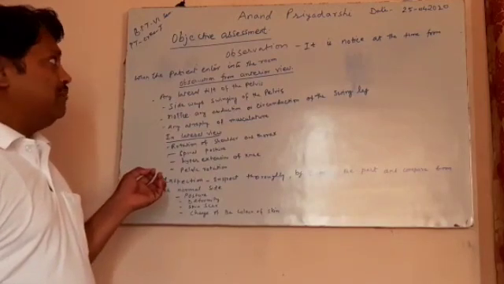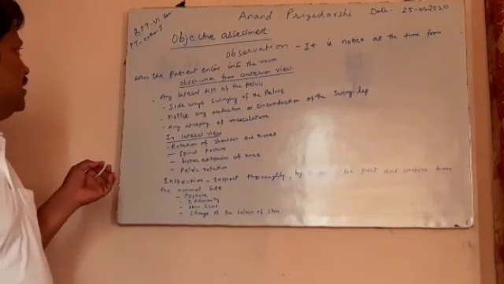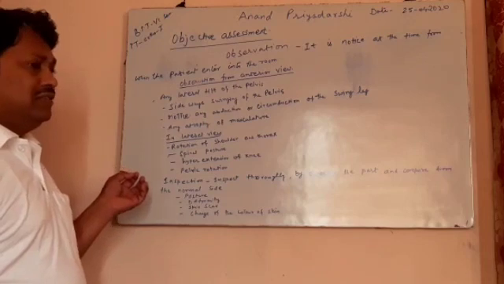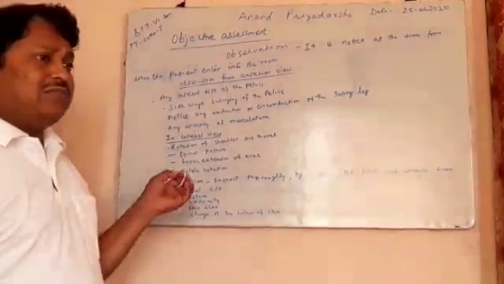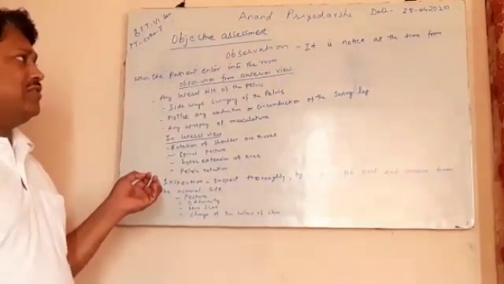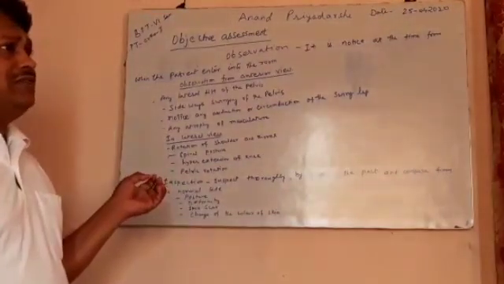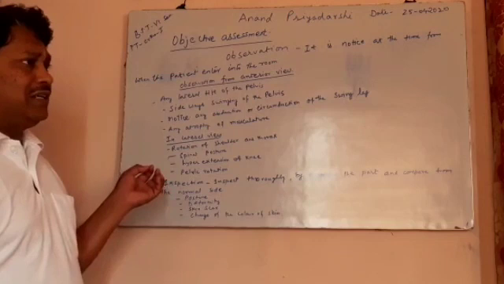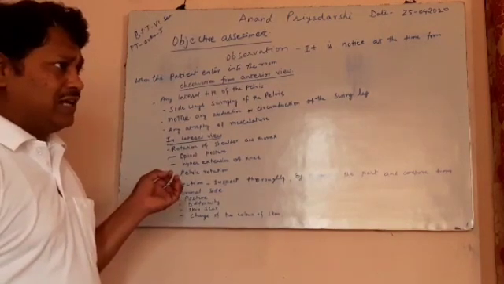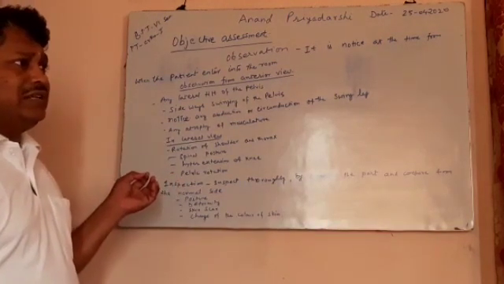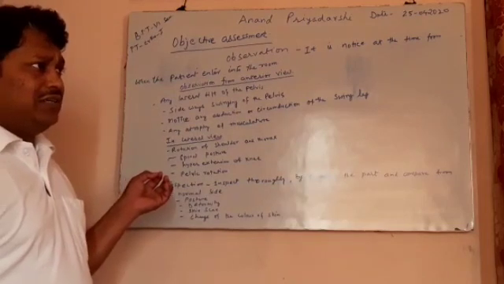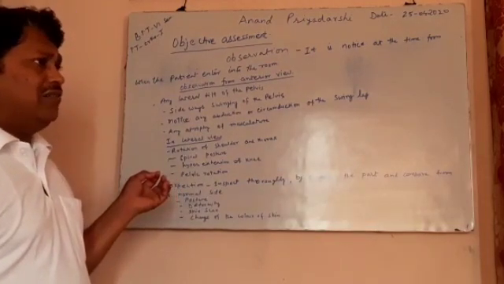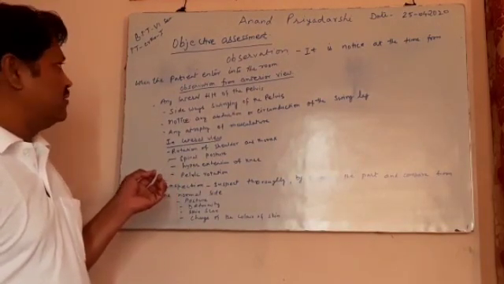From the time when the patient enters into the room, the clinician observes whether his gait is perfect, his pattern of walking is right, or there is a limp in walking or movement, and how the posture he assumes.